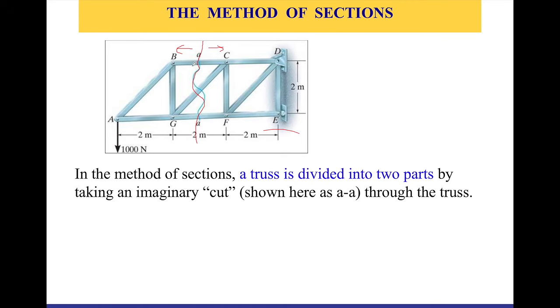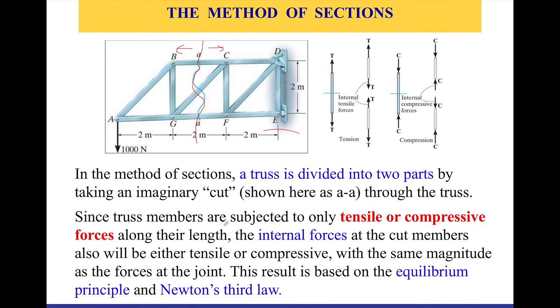When we do this imaginary section, we rely on the concept that since truss members are subject to only tensile or compressive forces along their length, the internal forces at the cut members will also be either tensile or compressive. Let's assume we have a member that we know is in tension, and we cut it in the middle.